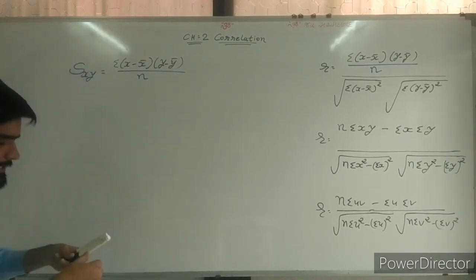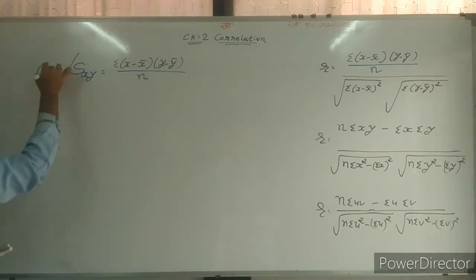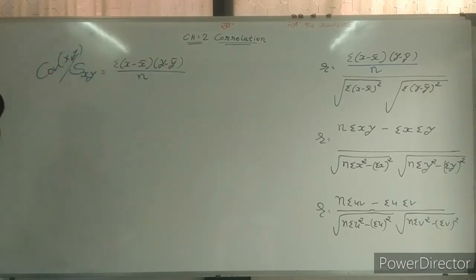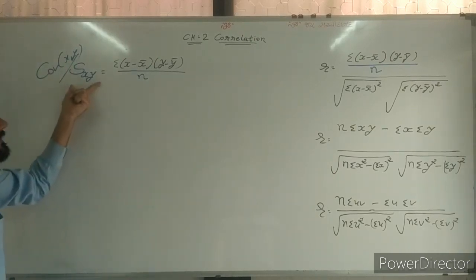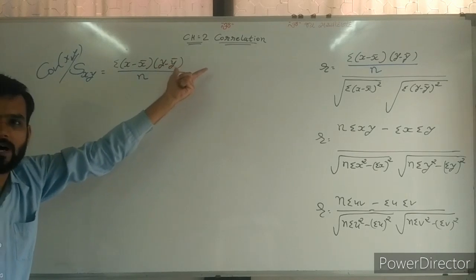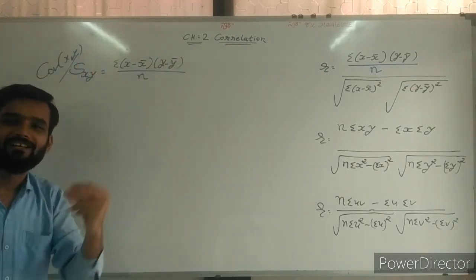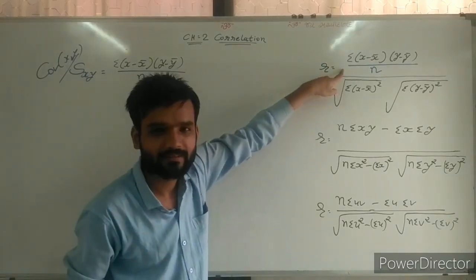This is also known as the covariance of xy. Sxy is equal to sigma (x minus x bar)(y minus y bar) divided by n. A simple formula, clear on this basis.